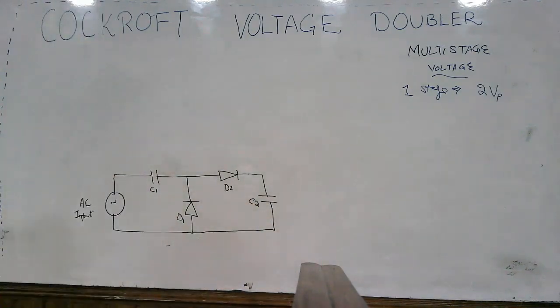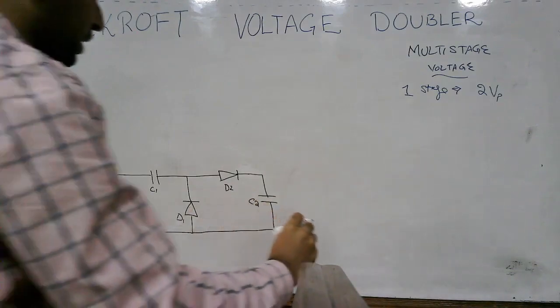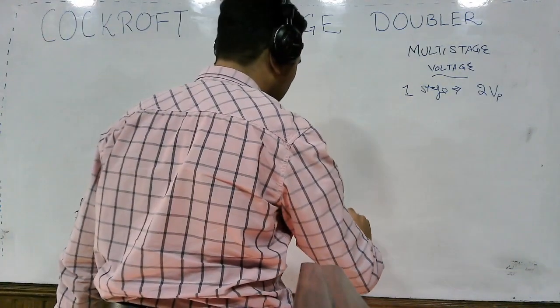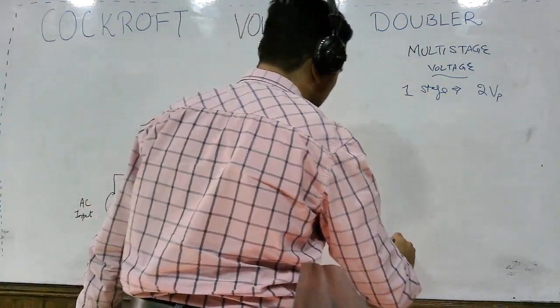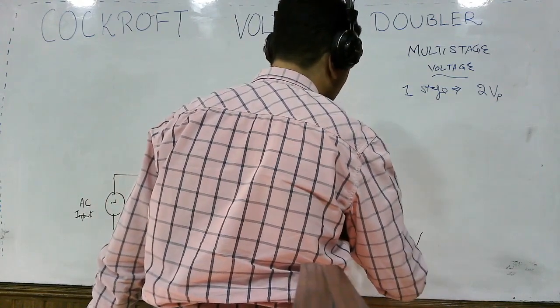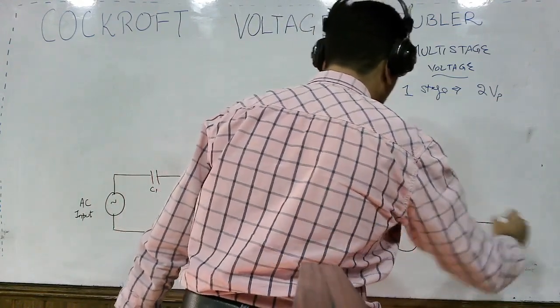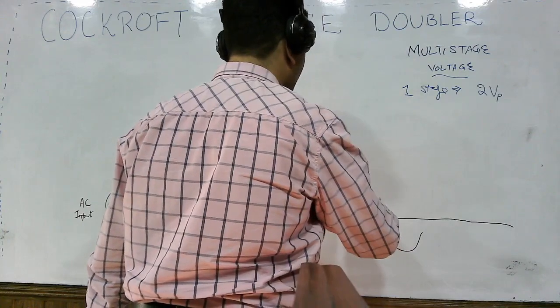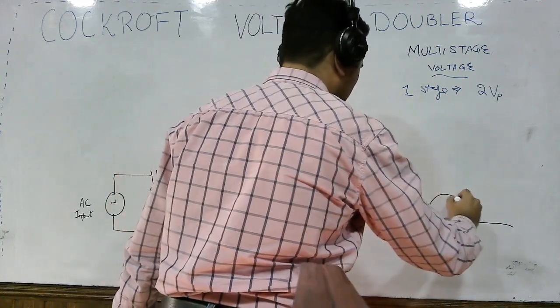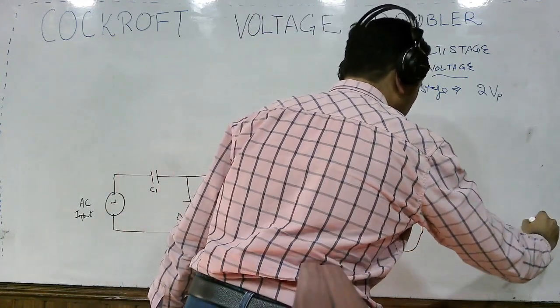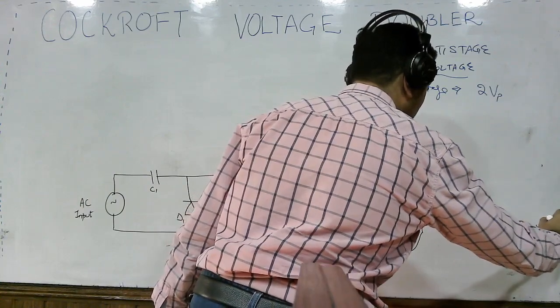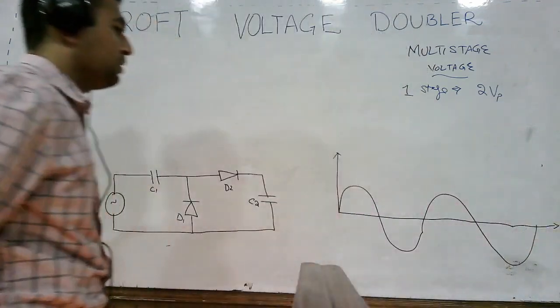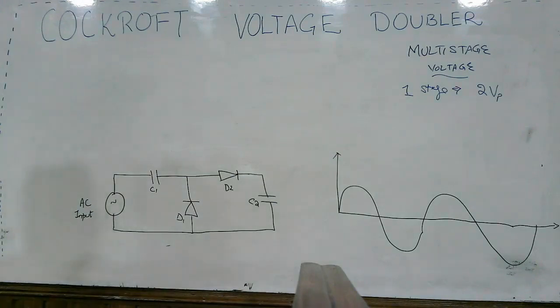This is the single stage, or the first stage of the Cockcroft multiplier. And what is the input voltage? Obviously the input voltage is in the form of a repeating sinusoid.